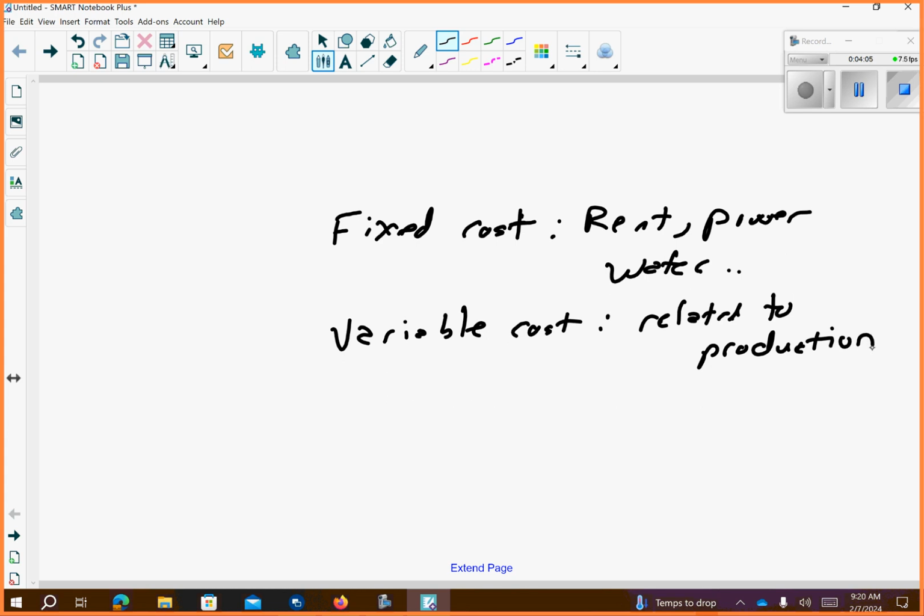All right, and then the profit function. I'm going to write what the profit function is first, and then we'll define what each thing is.